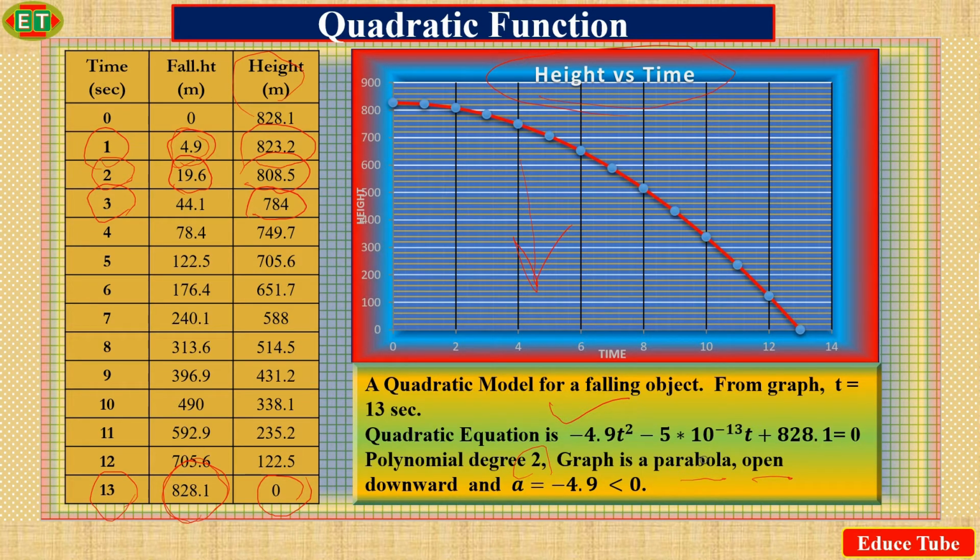Regarding this value, actually how did we get this? If we compare our equation with the standard quadratic equation, a x square plus b x plus c equal to 0, then we get a value minus 4.9. And that's why the parabola is open downward.